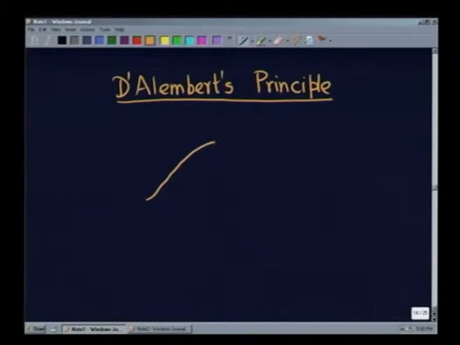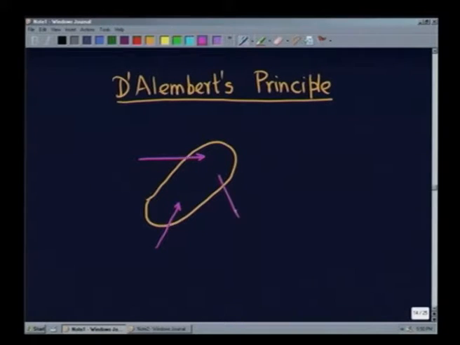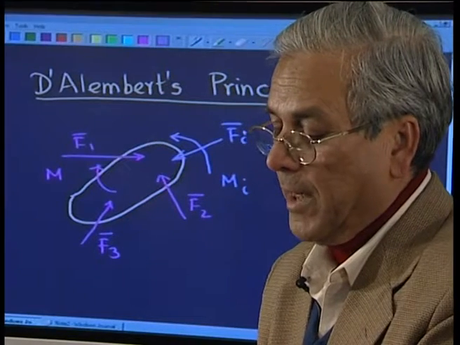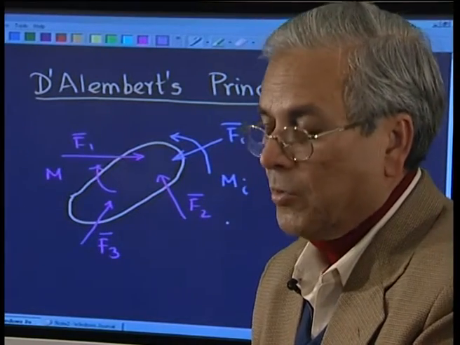If we have a rigid body, D'Alembert's principle says that under the action of externally applied forces and moments, whatever they may be, if you also subject the body to some hypothetical forces, which I will explain very soon, which you call inertia force and inertia moment, then under the combined action of externally applied forces and couple and these hypothetical forces, inertia force F I and inertia moment M I, this body will remain in static equilibrium.